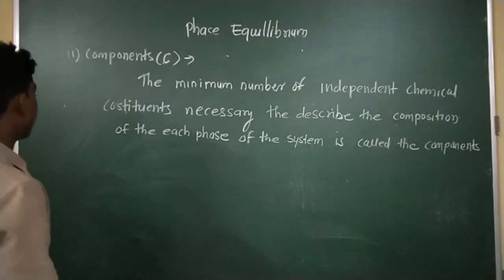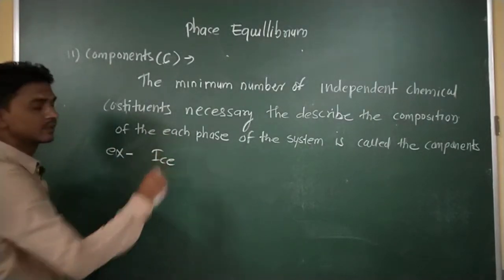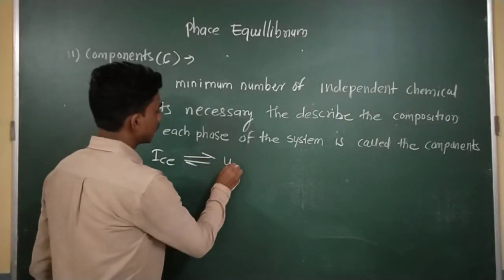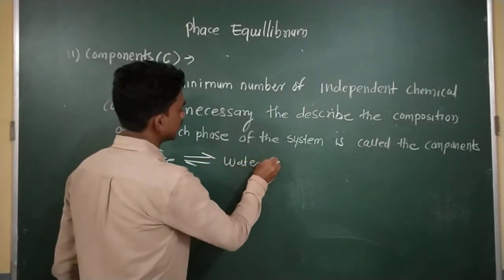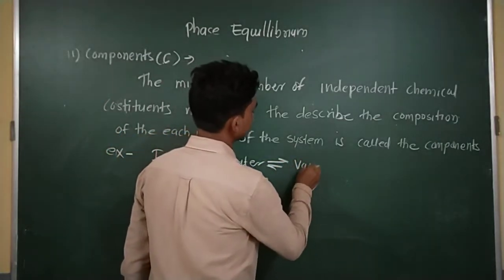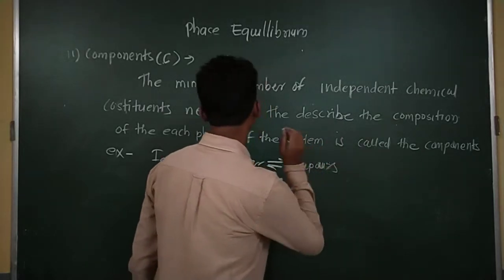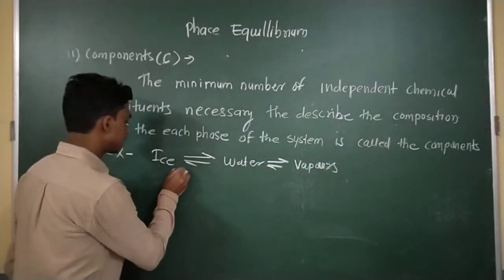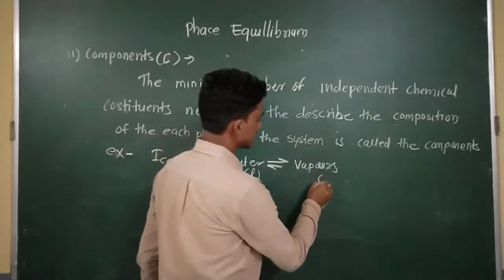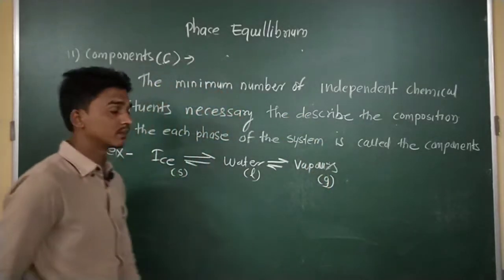For example, I am writing again and again this example: ice plus water is in equilibrium with vapor state. Ice exists in solid state, water exists in liquid state, and vapor exists in gaseous state.